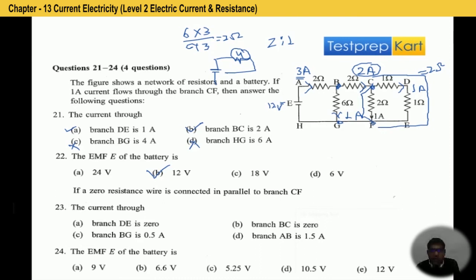So whenever we connect any resistance in short circuit, it just diminishes the effect of all resistance in parallel, right? So total current will pass through this branch only. After connecting a short circuit in parallel, our equivalent circuit would be like this.